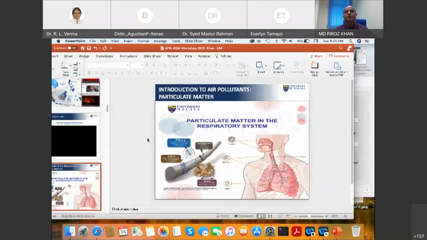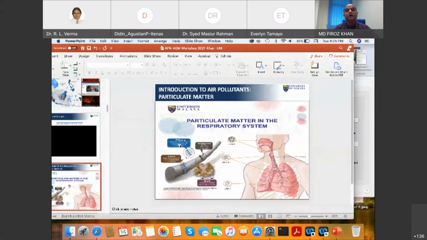And airborne particulate matter, if we want to talk about PM10 or PM2.5, it is always good to know how small their particle size is. For PM10, you can see here a comparison has been made with the cross section of our human hair: PM10 is about 1/10 of the cross section of human hair.